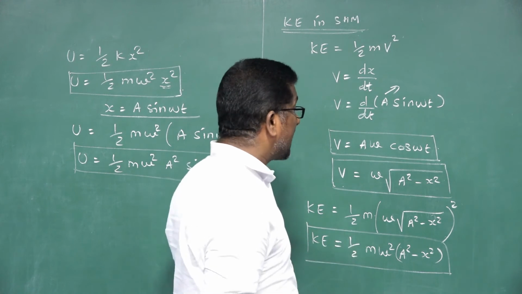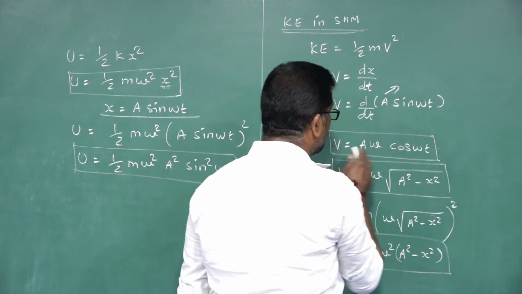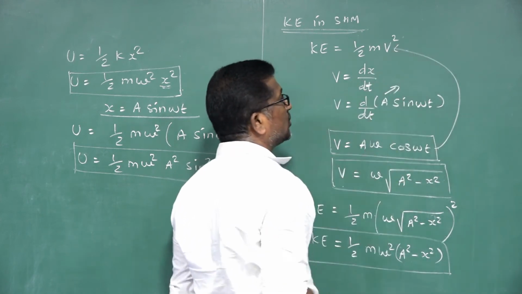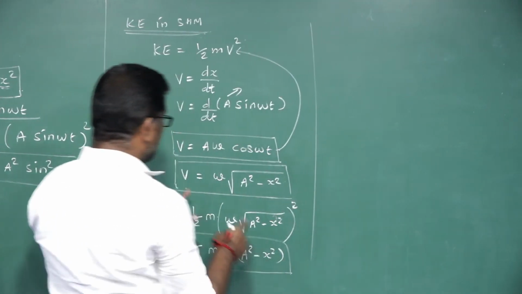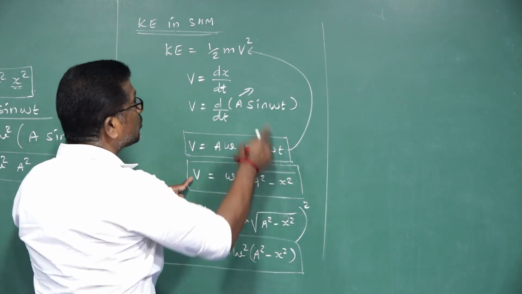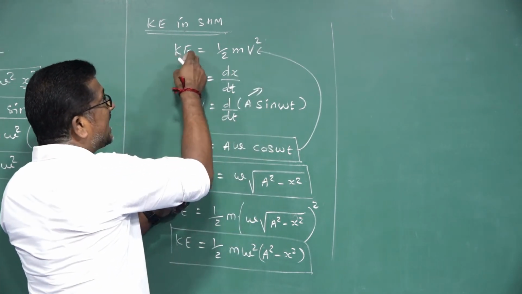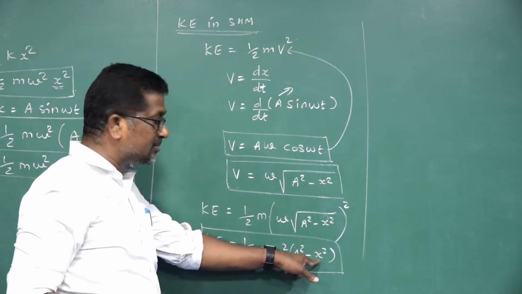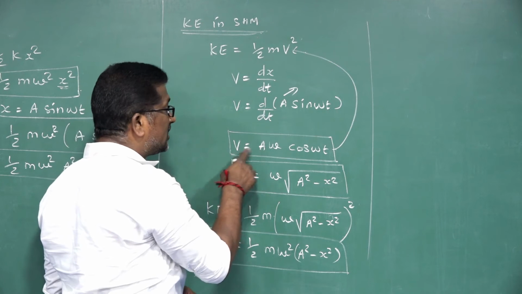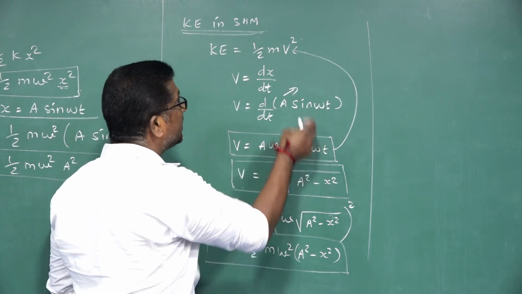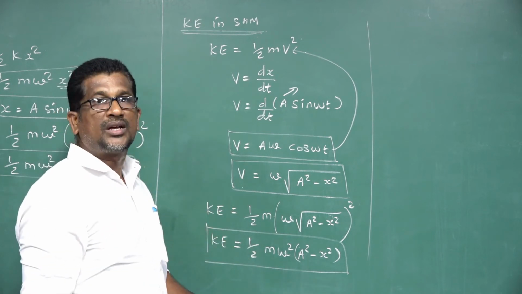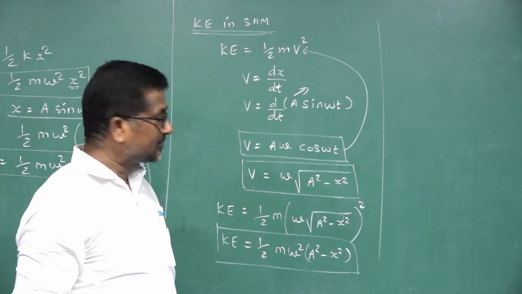And in terms of time period, just substitute v is equal to a omega into cos omega t in this equation. If we substitute v is equal to omega into square root of a square minus x square, we get the kinetic energy of the particle in terms of displacement. If we substitute v is equal to a omega into cos omega t in the same expression, we get the kinetic energy of the same particle in terms of time period.